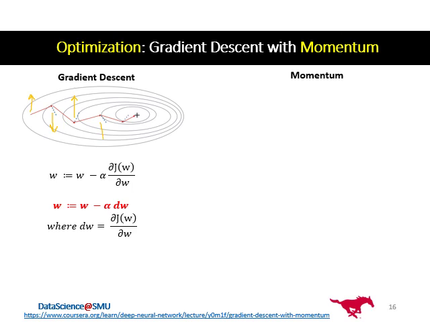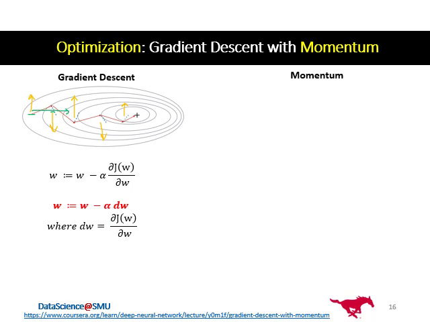So in this case, we can see that the gradient is actually alternating, and the optimization algorithm is actually bouncing off the walls of the cost function as it approaches the global minima. And as we've seen previously, this is the exact situation where we want to avoid, because it increases the number of iterations required to reach the global minima. Now what you will notice intuitively is that if I were to take the average of the first and the second gradient, then they would tend to cancel each other out, and what I would be left with is a gradient which is pointing more in the direction of the global minima.